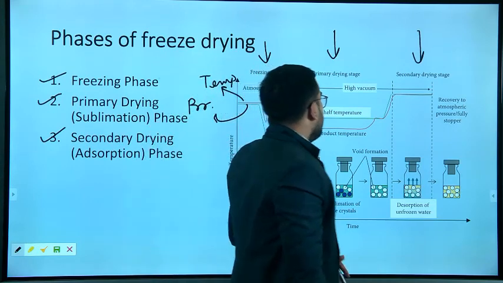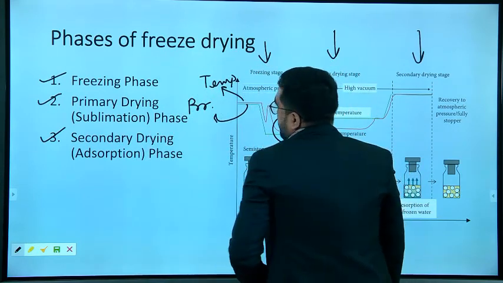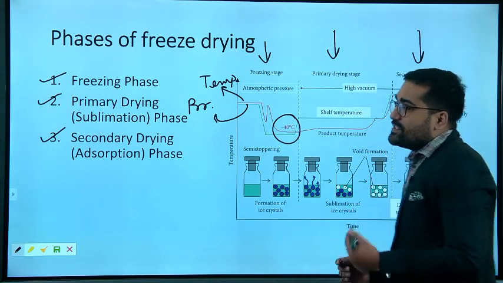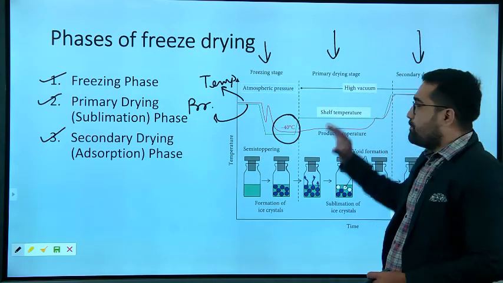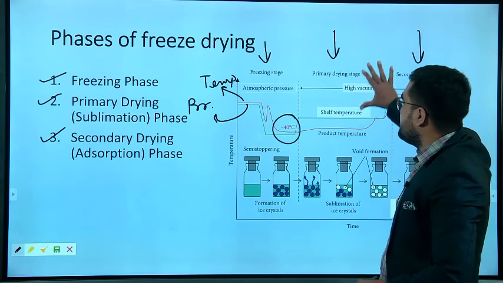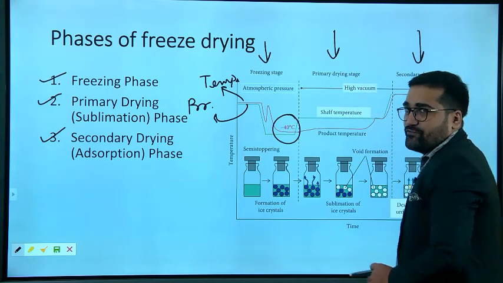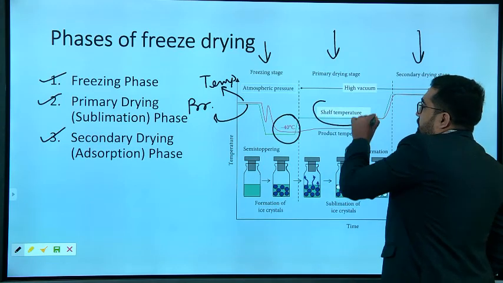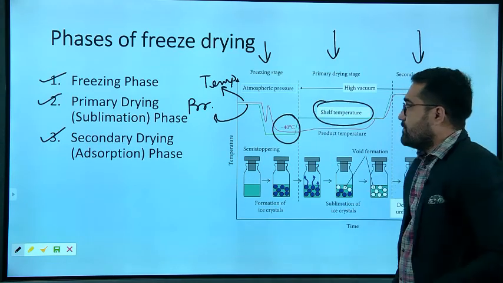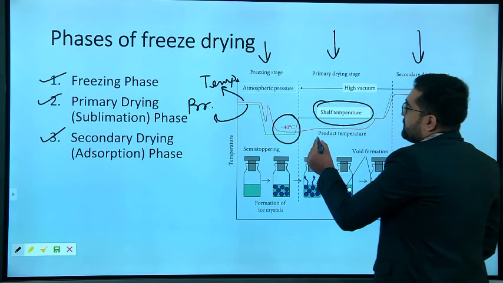In the drying stage, what will we do? We will start increasing the temperature of the shelf. Okay. When we are studying the components, we will see the various components of the freeze dryer and what we mean by shelf. Okay. So, we will increase the temperature of the shelf.